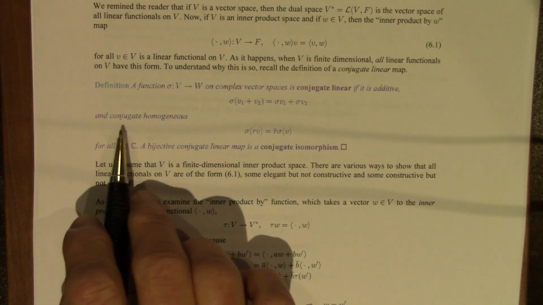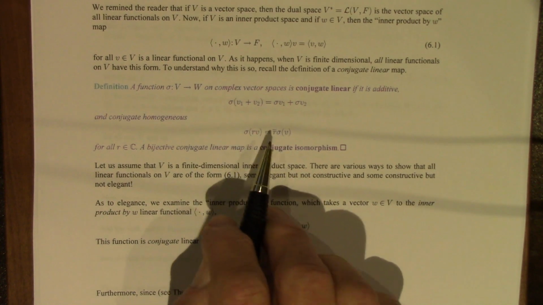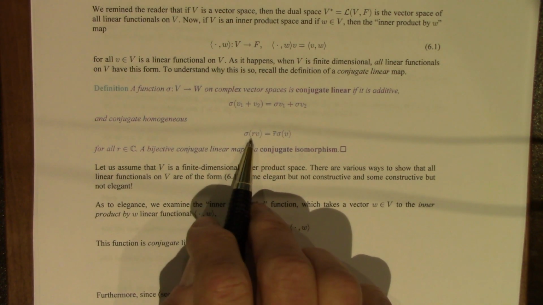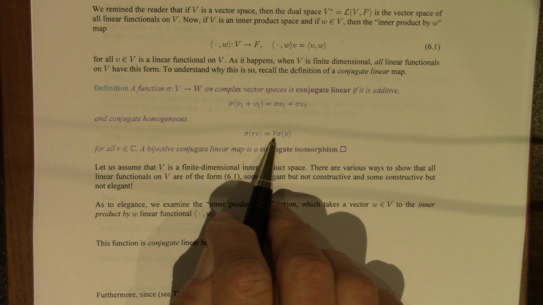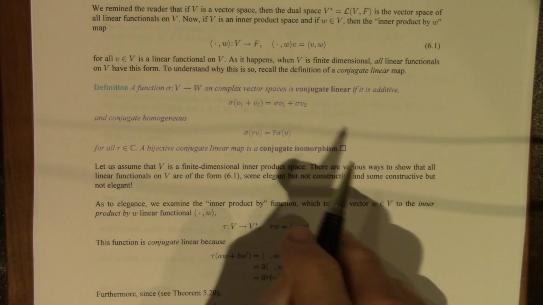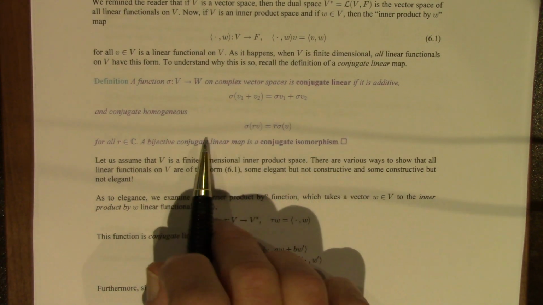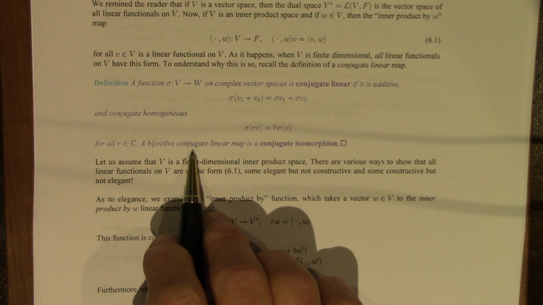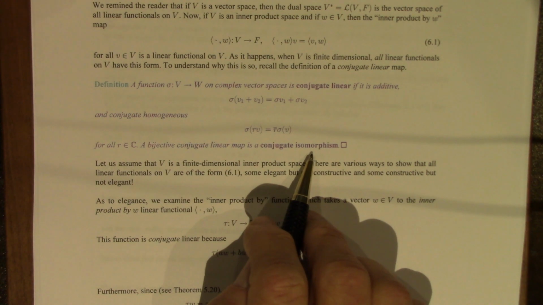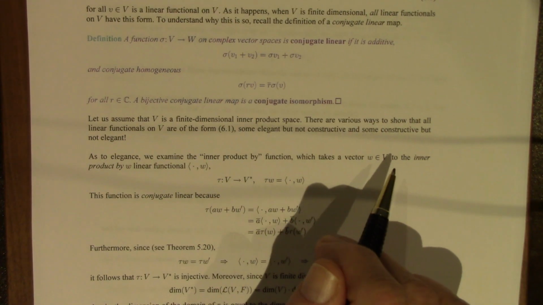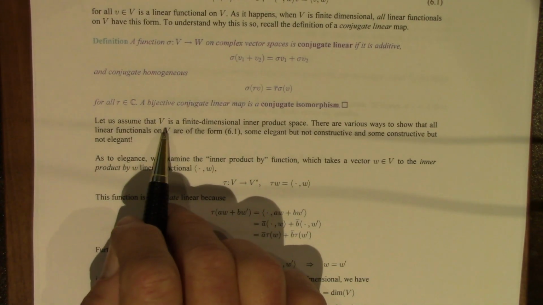And also it's conjugate homogeneous, which means when you pull a scalar out, you have to take its complex conjugate. A bijective conjugate linear map is called a conjugate isomorphism. Now we can get down to business.